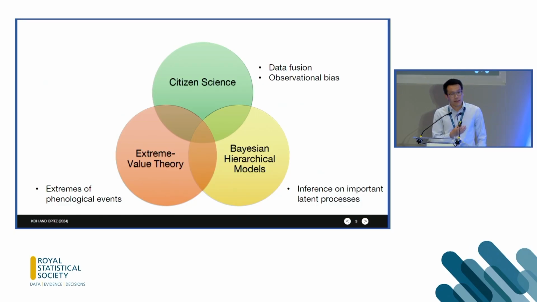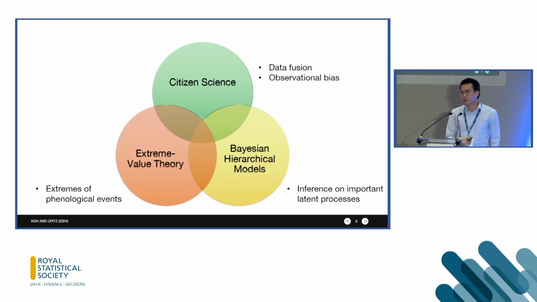The idea is to fuse different sources of data coming from citizen science, and these sources present new and exciting opportunities, with the advent of new technology and increasing availability of data. But it's also a bit of a double-edged sword, because sometimes there is a lack of sampling protocol. The opportunistic nature of these data collection methods presents observational biases that we would need to correct for when we perform statistical inference.